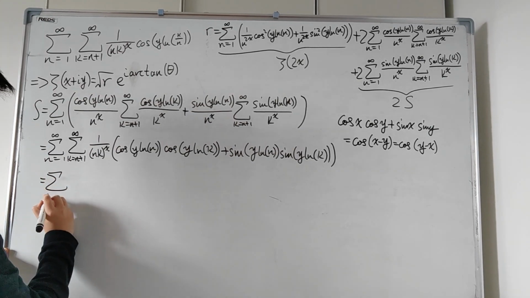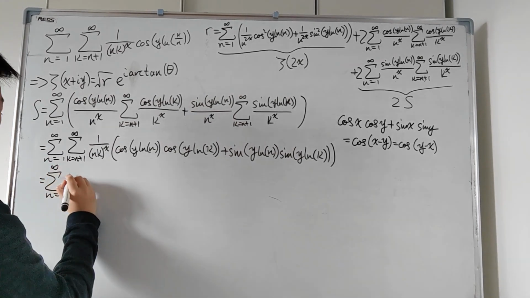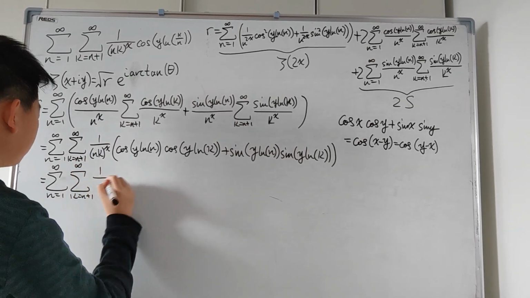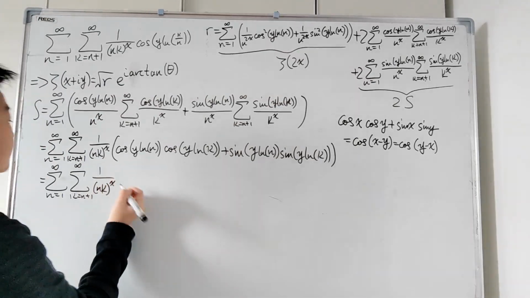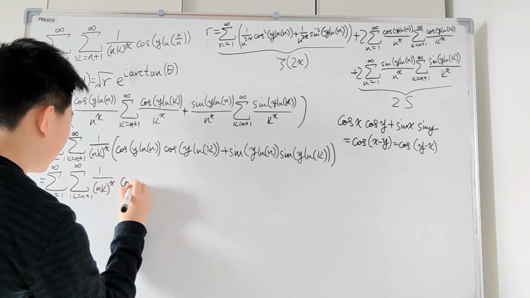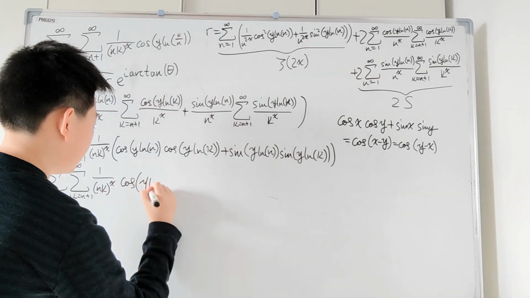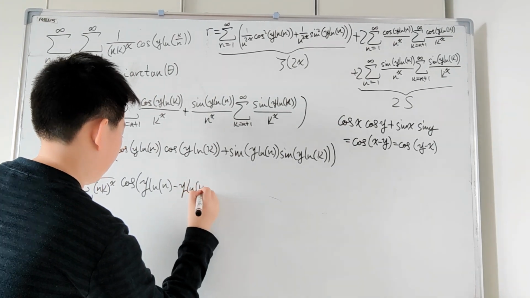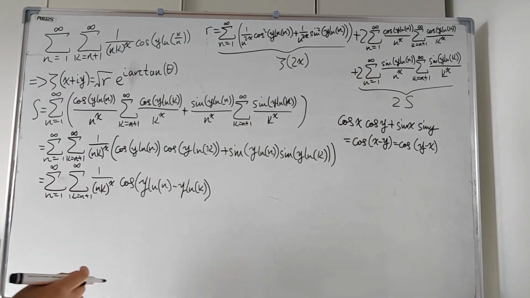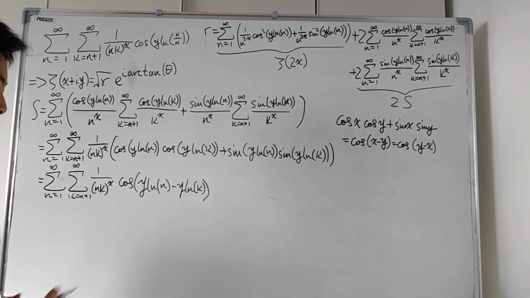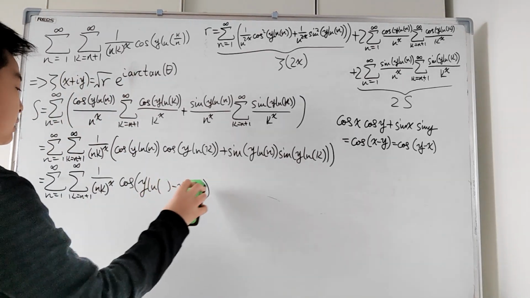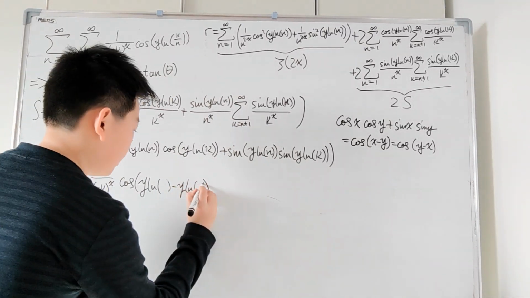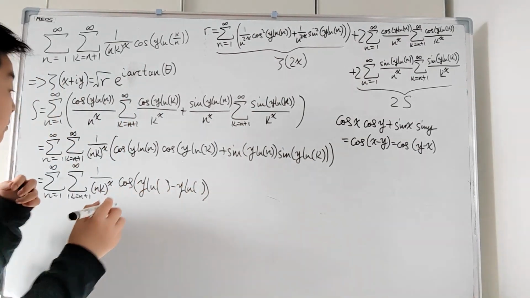We have a sum n equals 1 to infinity of a sum k equals n plus 1 to infinity. This term still stays the same, it's still nk to the x. And then for this term, we have the cosine of y natural log of n minus y natural log of k. Now here we're going to do something a little bit different. We're going to switch these, because k is always going to be greater than n here, and so its natural log will be bigger as well.